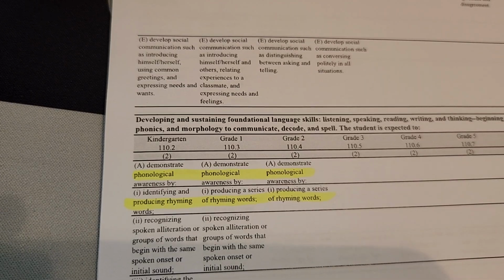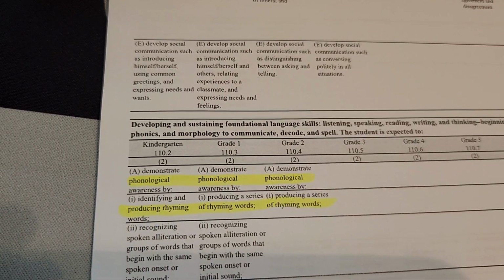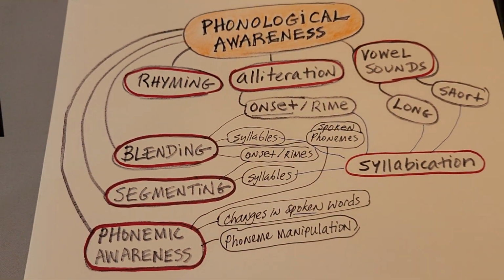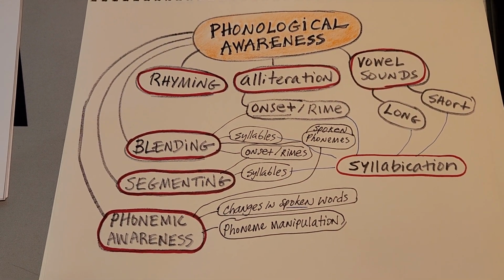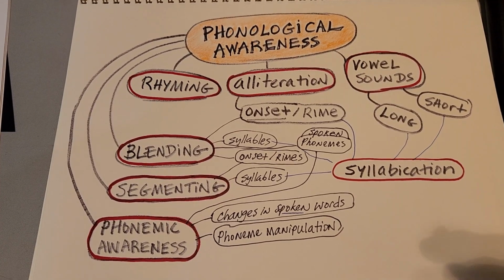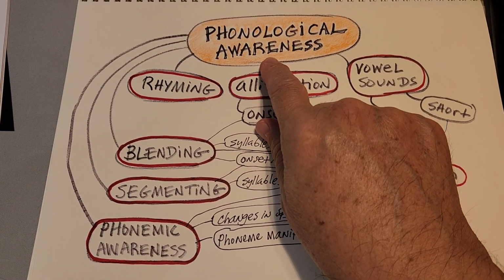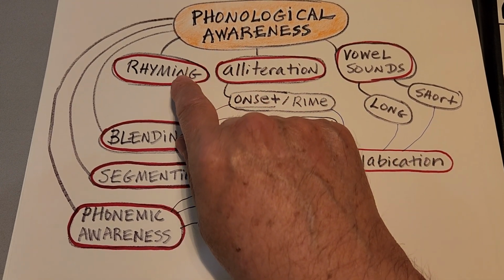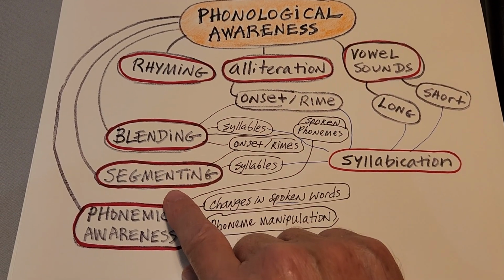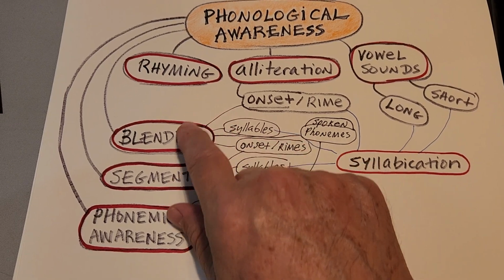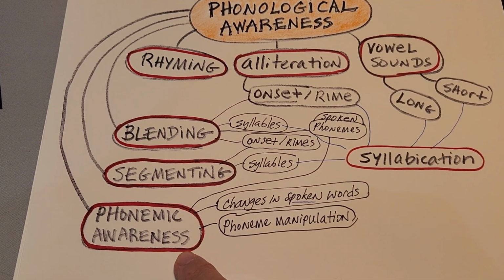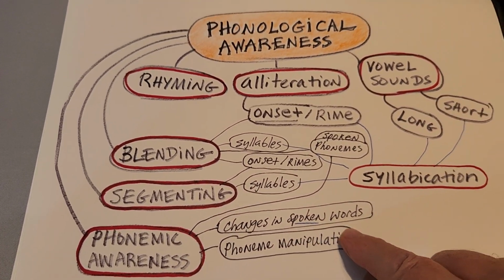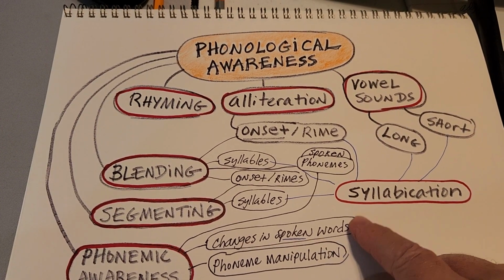And so what I like to do, and what I ask my students to do, is to produce a concept map where they determine the primary foundational reading skill, which is phonological awareness, and then connect it to all the different skills, which would be rhyming, blending, segmenting, phonemic awareness, and phoneme manipulation.